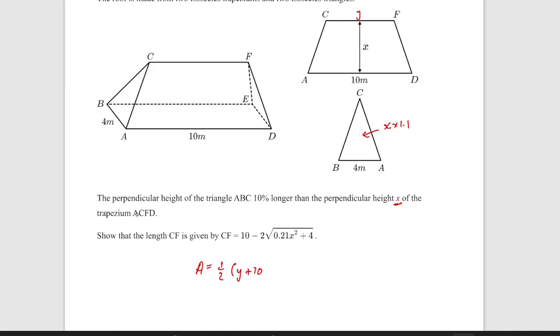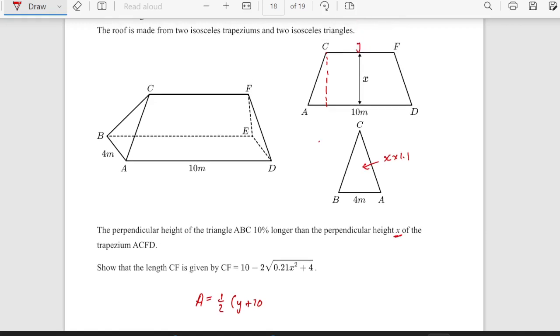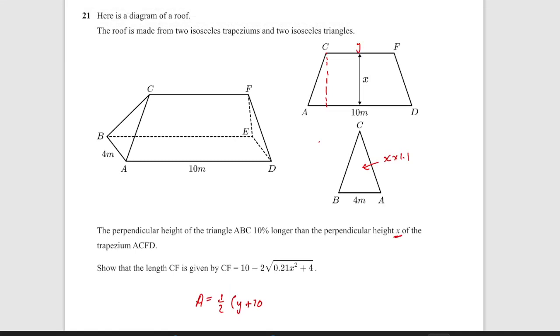So if I work out y a different way, so if I wanted to work out this length here, let's call it lowercase a for now, then to do that I need to work out this length here, and I can use Pythagoras to work that out.